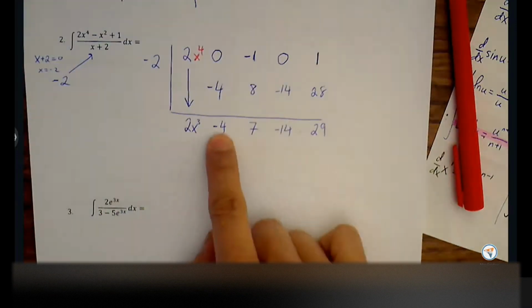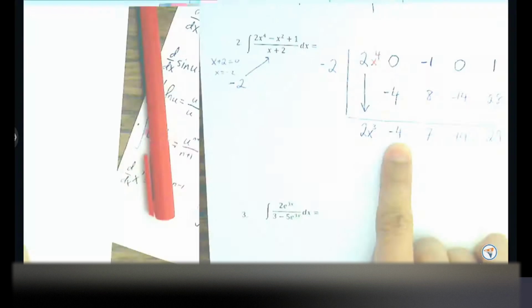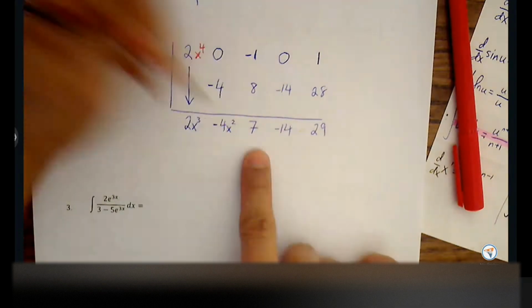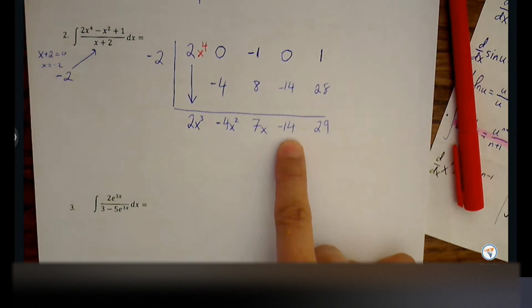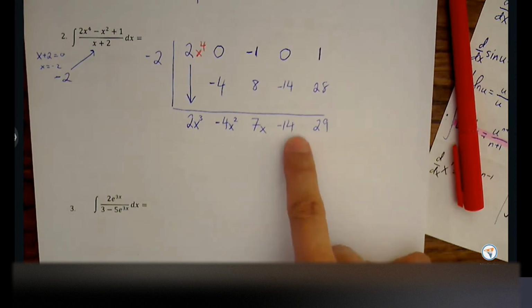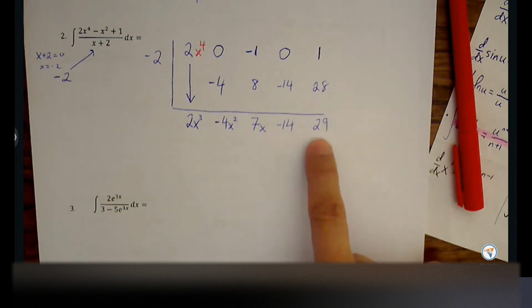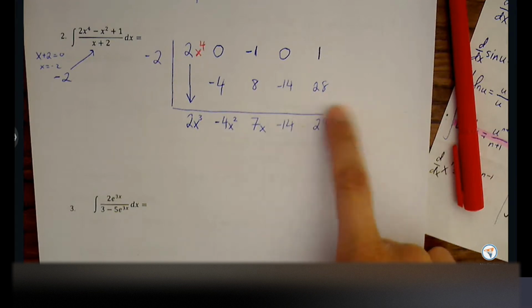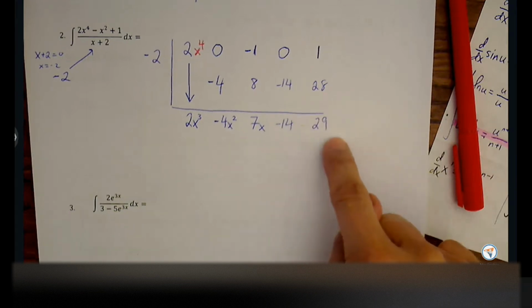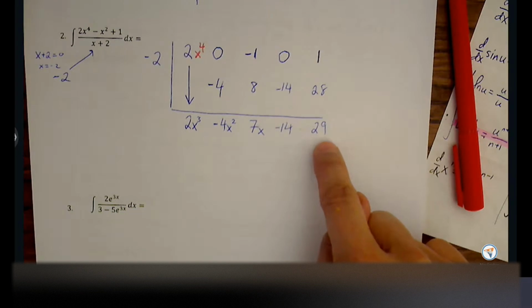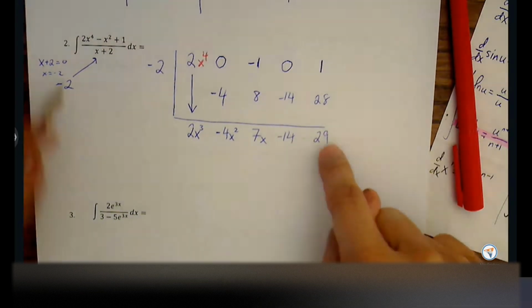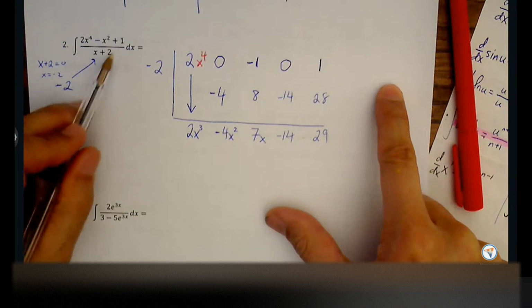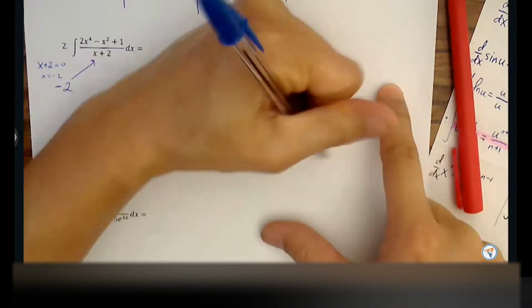And the next must be x squared. And then x. And then that's just the constant. There's a name for this last term here. It's the remainder, the leftover. So the way we write the remainder is we put it over the divisor.